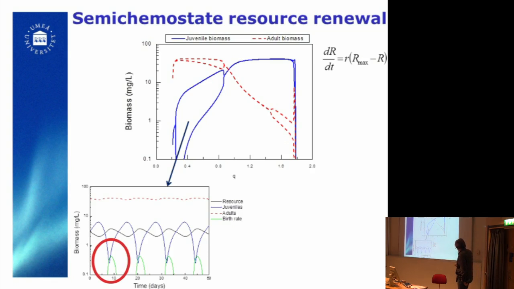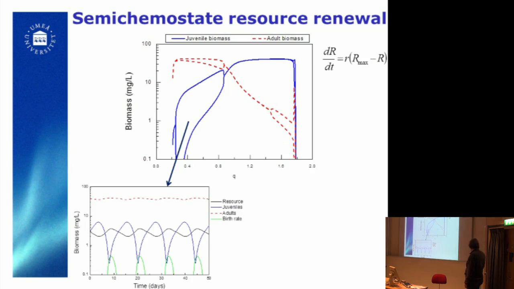We can follow here a reproduction pulse that gives rise to a juvenile cohort. And this juvenile cohort dominates the system. It's very efficient in feeding, and it suppresses the fecundity of the adults in the population. So we just have a pulse of reproduction, then reproduction goes down to zero. And this cohort then grows in biomass and gives rise to another pulse.